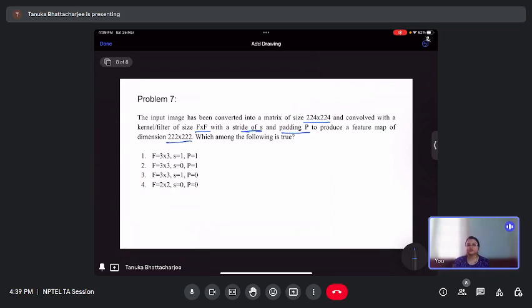You have to say what the values of f, s and p are. What kind of filter size, stride and padding do you have to use so that you get 222 from 224? Let's look at the options.